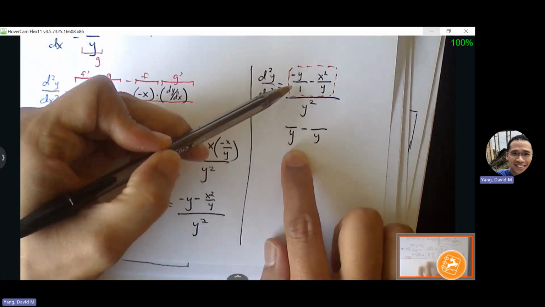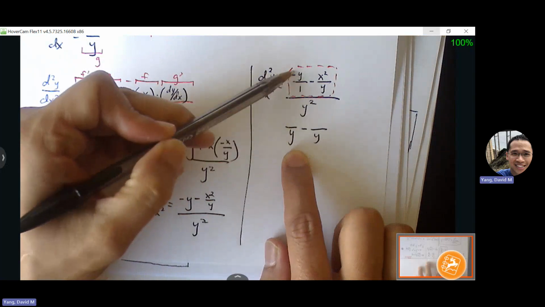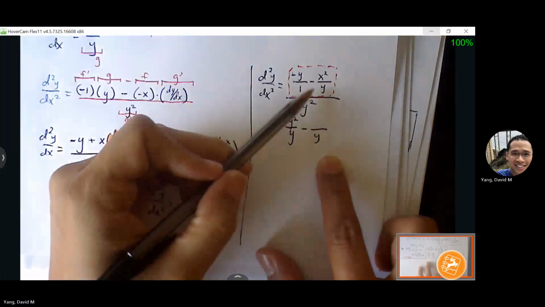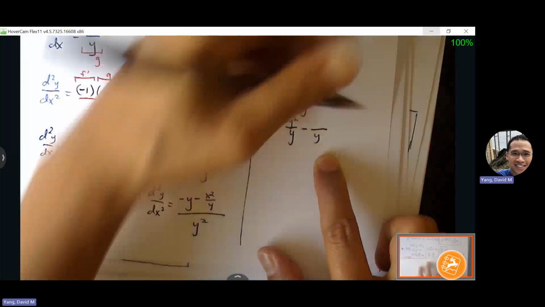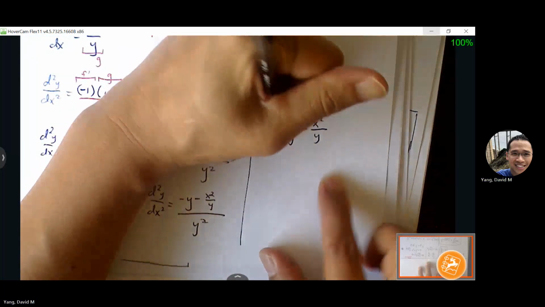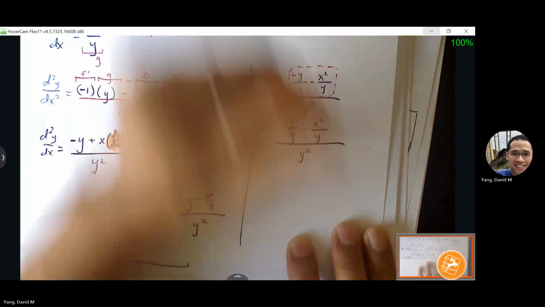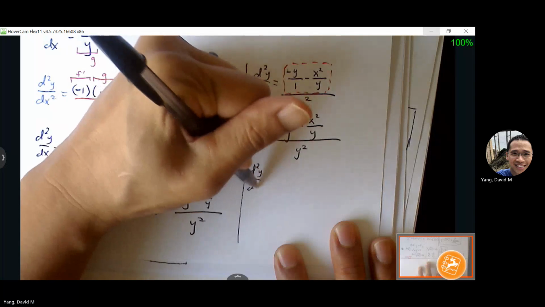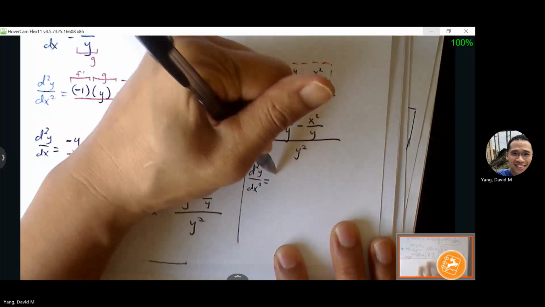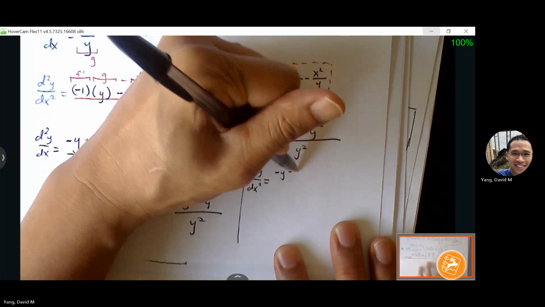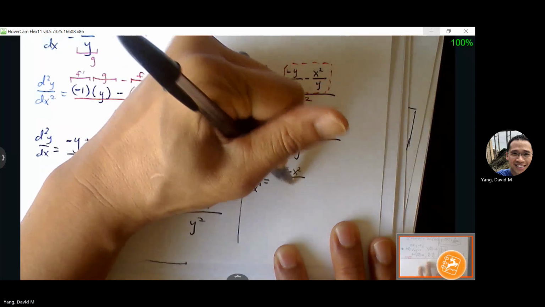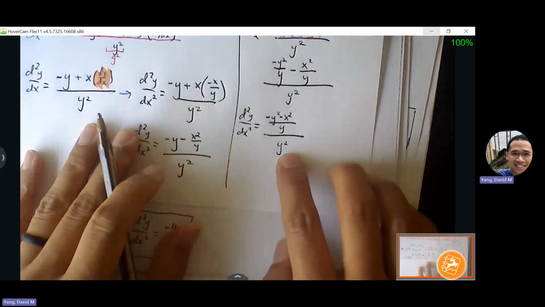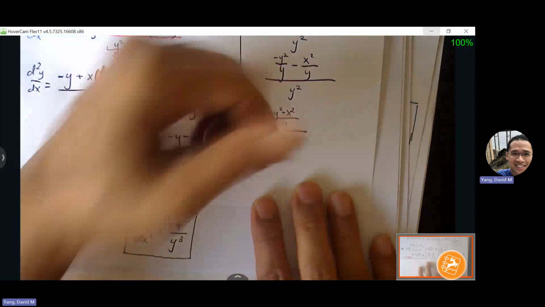Balance my fraction here: my denominator is missing a y, so multiply the top by y as well. So I get negative y squared. This is fine, I can keep that x squared there. So dividing by a fraction is the same thing as multiplying by its reciprocal.